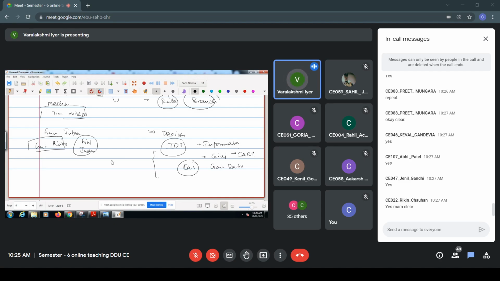Then we discussed how overfitting can take place in decision tree learning because of noise in the data, and maybe because the number of tuples is less. These are the two cases. One of the methods we studied is pre-pruning, and in post-pruning we studied reduced error pruning and rule post-pruning. These are the two methods that we studied.